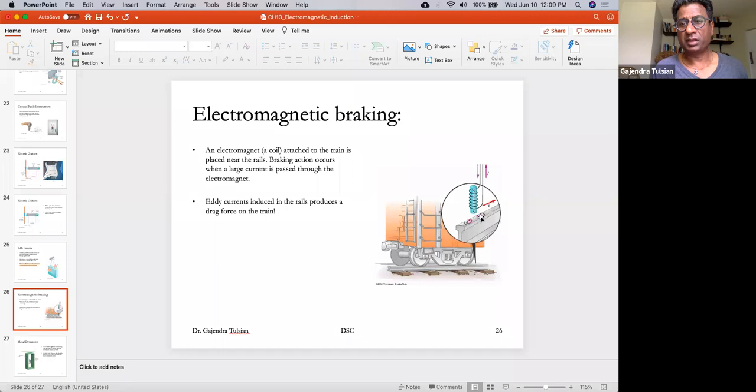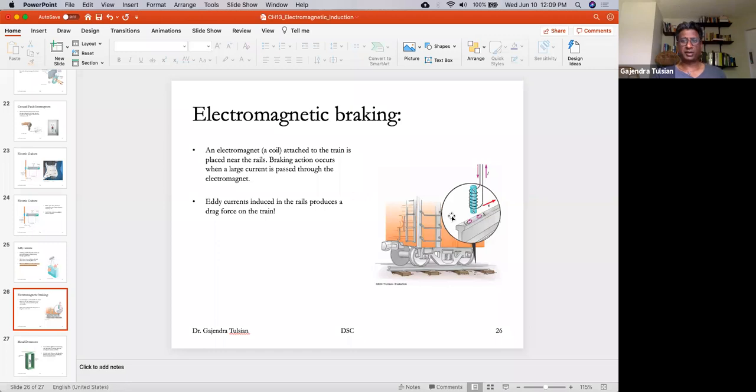What it does is it induces currents in the rails, and the induced polarity is such that if this was the South Pole, you'll have a South Pole there if the train is moving this direction, and a North Pole here. This South Pole is repelling that South Pole, and this North Pole is attracting that South Pole. So the induced currents are like so, and it will stop the train very fast and very smoothly.